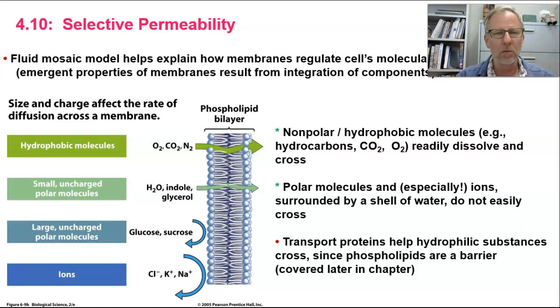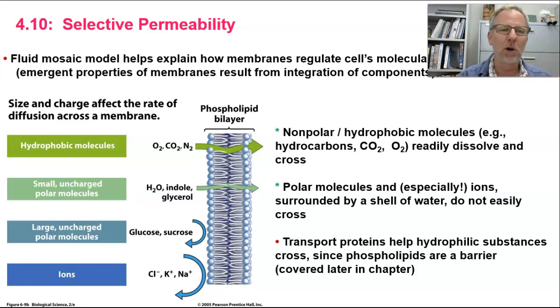They have no problem going from the watery environment through the phospholipids to the other side. So phospholipid bilayers are highly permeable to nonpolar substances. Just like a doorway is highly permeable to a chair, okay? Highly permeable to nonpolar substances.